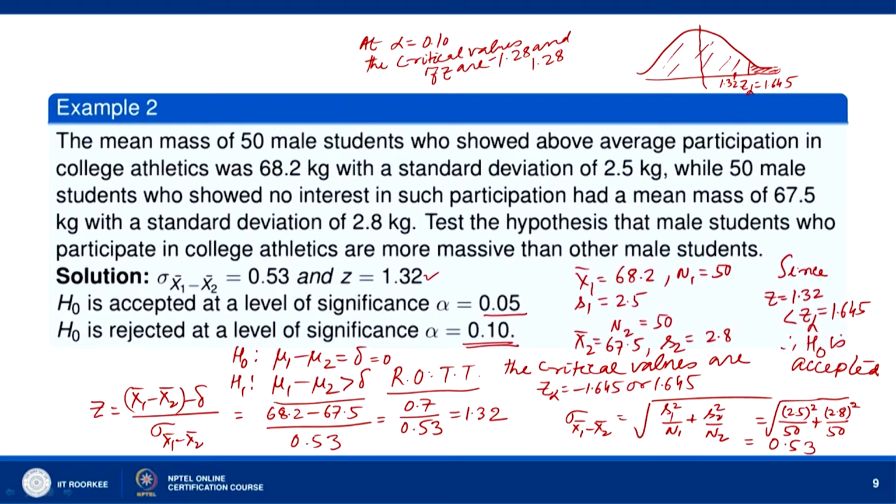Since we are applying right-tailed test, and 1.32 is greater than 1.28.